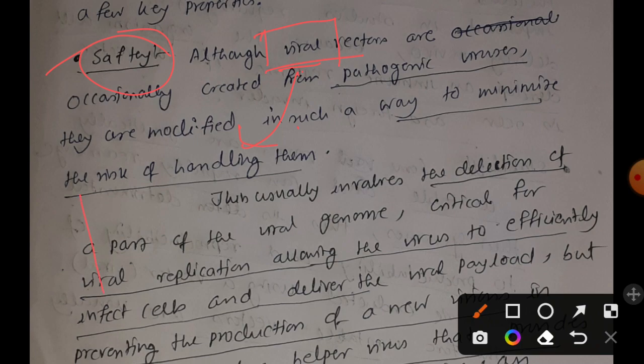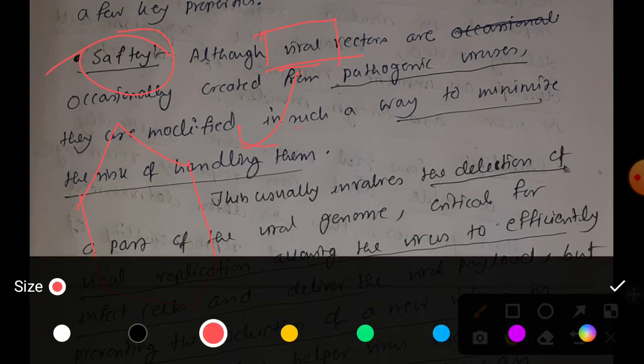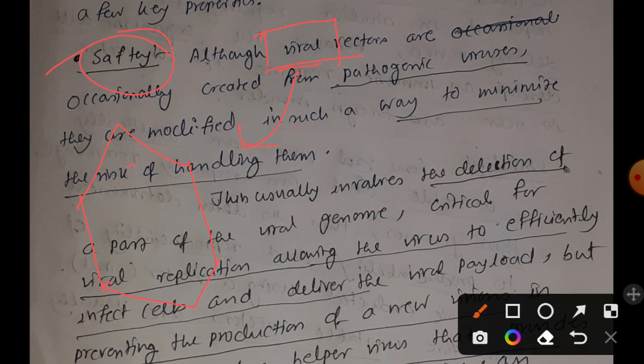Here we do a deletion mutation. This deletion mutation will mutate the gene responsible for the replication of the virus. As a result, it is just capable of acting as a delivery boy and delivering your gene of interest into the host cell. That's it. It cannot further facilitate the formation of new active virions as it does in the normal viral cycle.